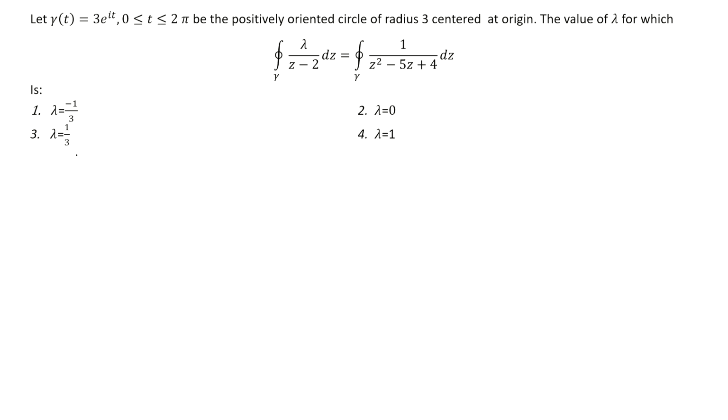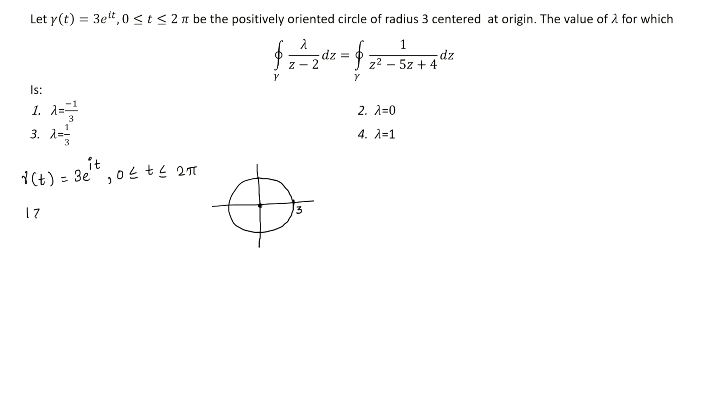Now, first of all, gamma of t is equal to 3 e raised to it, where 0 is less than or equal to t is less than or equal to 2 pi. This basically represents a circle which is centered at origin and radius is 3.